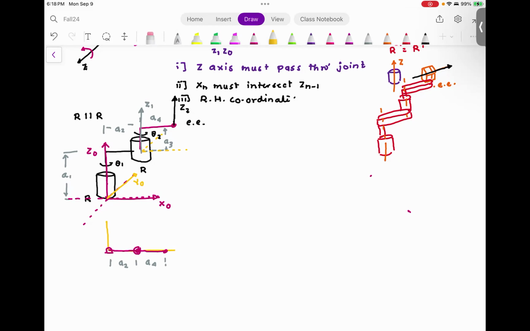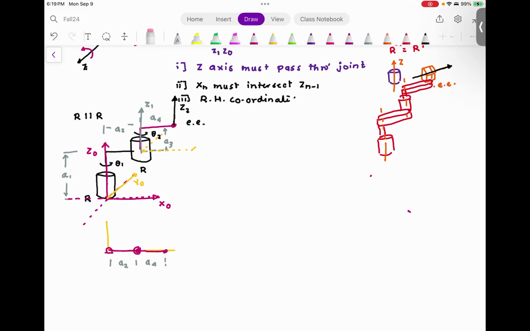If I look at this option as x1, we discussed this in the last class. Can you see that x1 is intersecting z1 because it's a triad, and x1 is intersecting z0. So rule number 2 is satisfied. Do you agree with me?